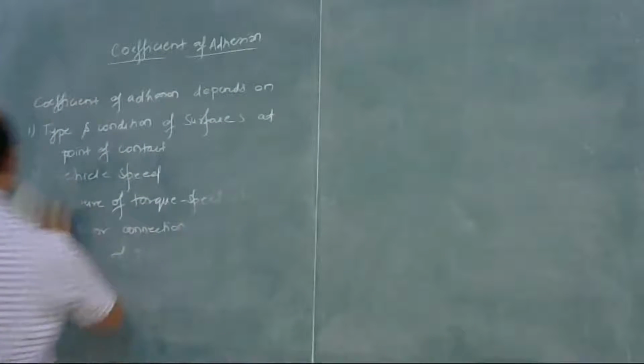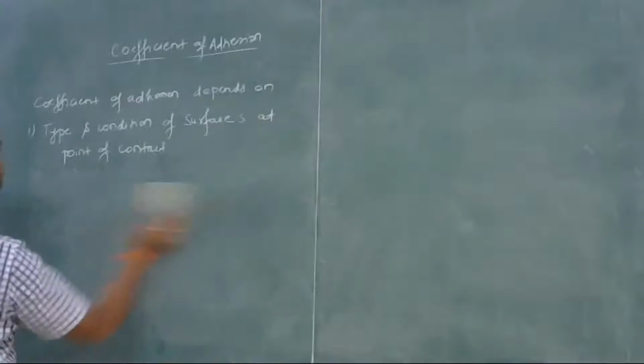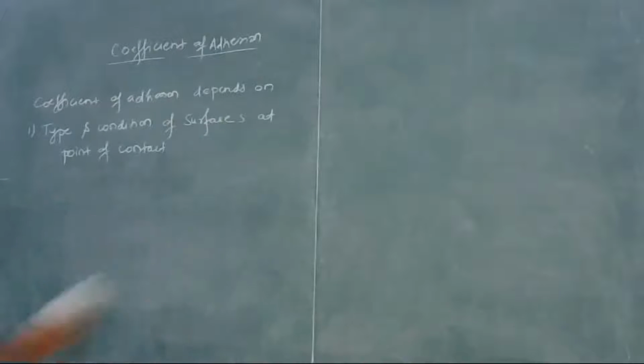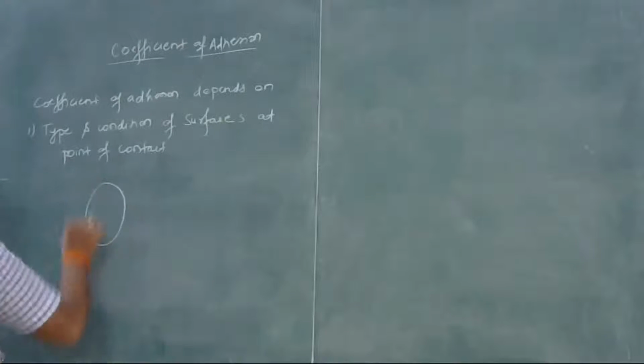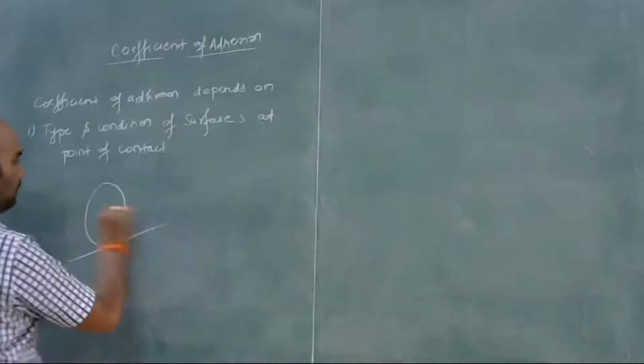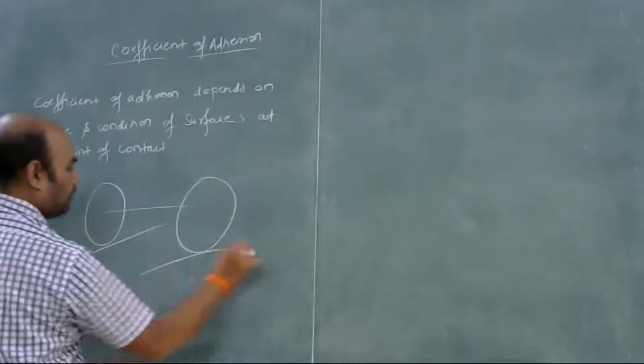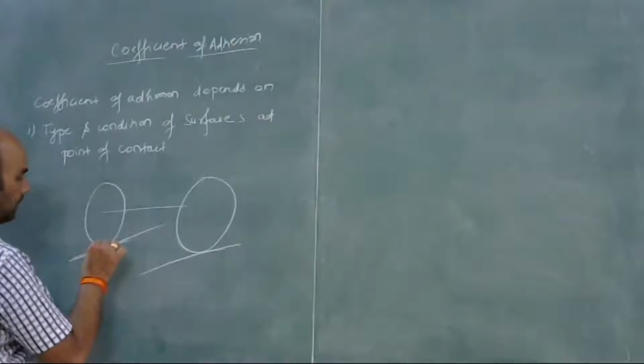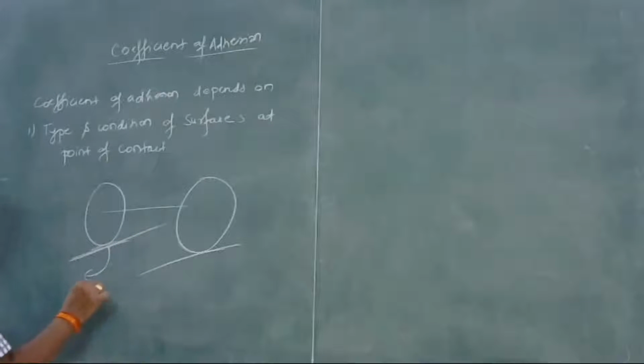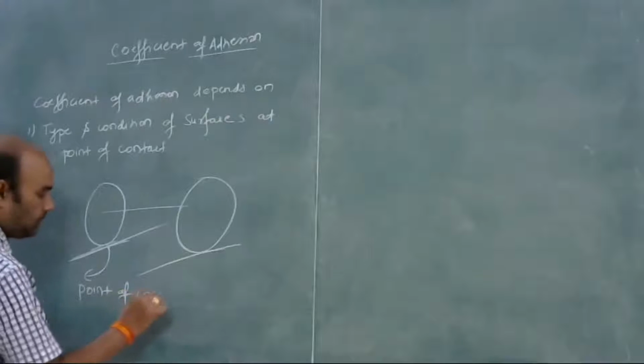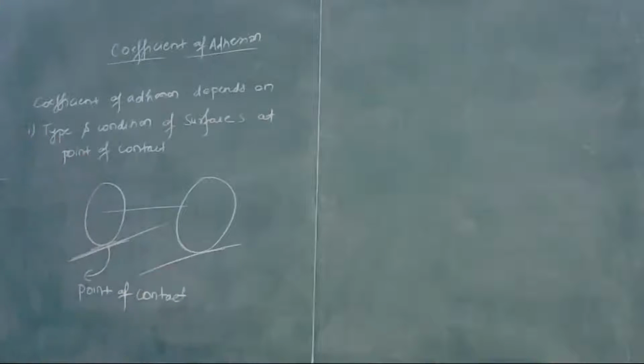So first we deal with the type and condition of the surface at the point of contact. Suppose this is the wheel, this is the rail, and this is the point of contact. The coefficient of adhesion depends on the type or condition of the surface.